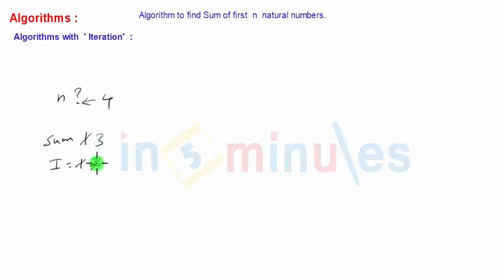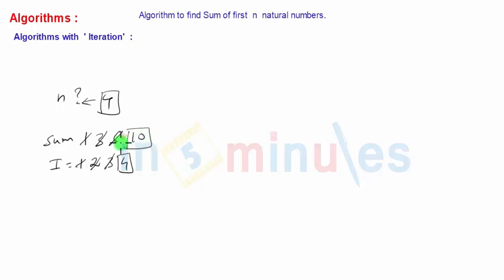Again increment that variable to make it 3 and add it to sum, it will become 6. Again increment the value to make it 4, add it to the sum, it will become 10. Now since our count is the same as the number of elements to be added, we'll stop the process. And this is the sum of first n natural numbers.